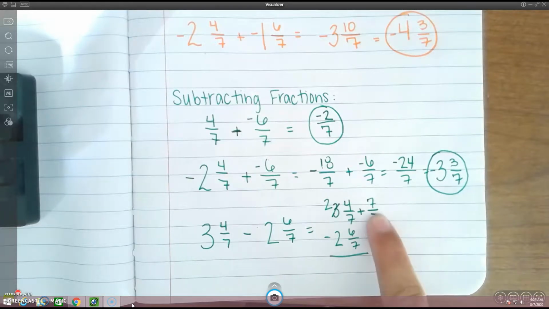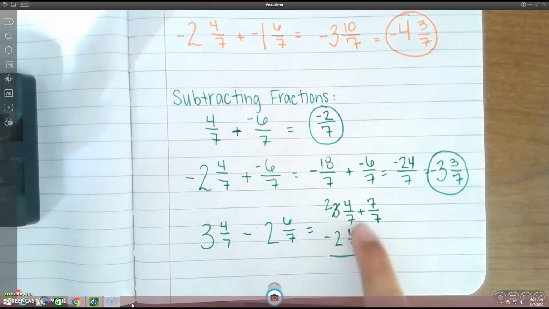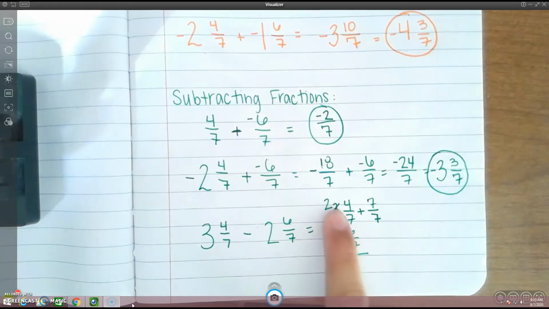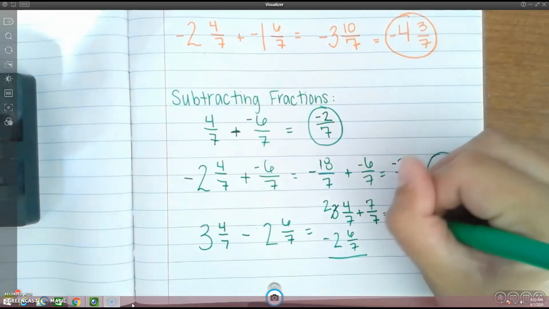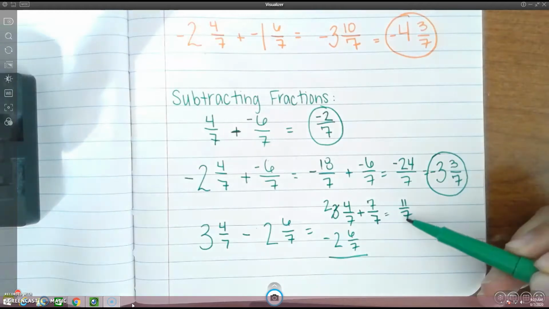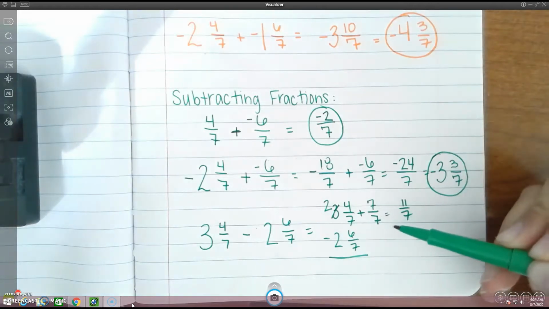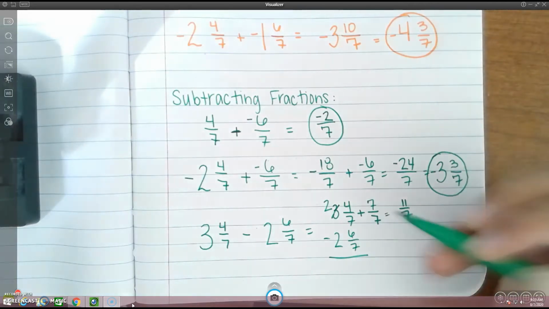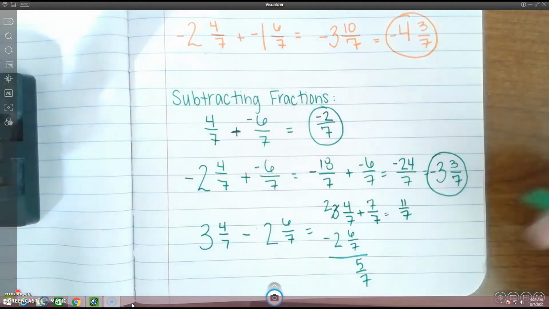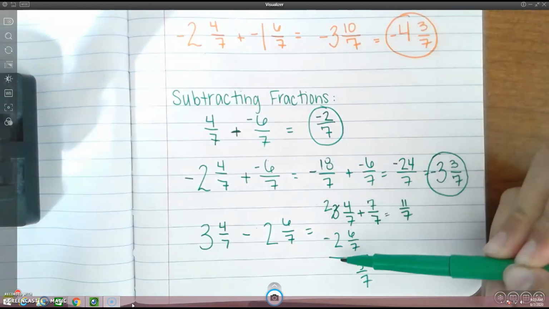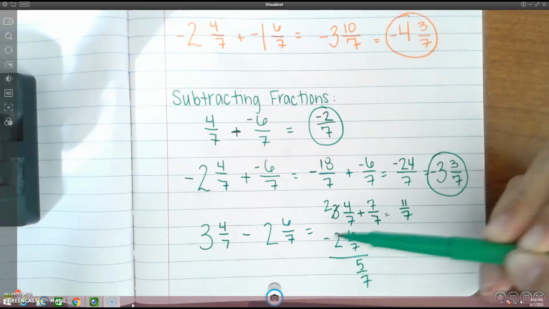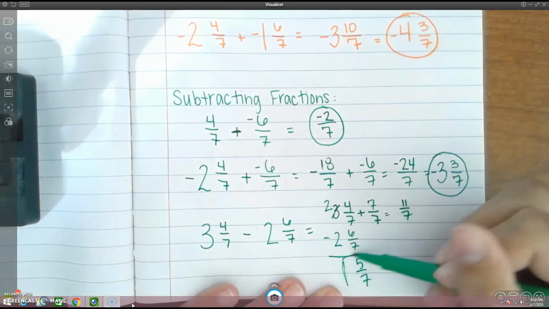And once again, the only reason why we changed it to 7 over 7 is because this makes this addition a lot easier to add. So now 4/7 plus 7/7 is 11/7. So now I can subtract these fractions. So 11/7 minus 6/7 is 5/7. And then 2 minus 2 is 0. So I'm not going to put a 0 here. I'm just going to leave it as 5/7.